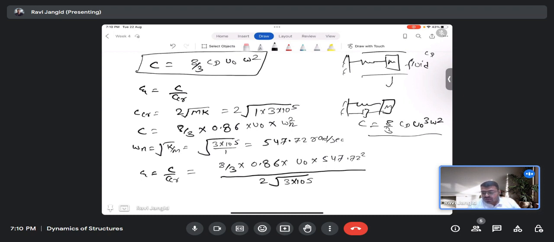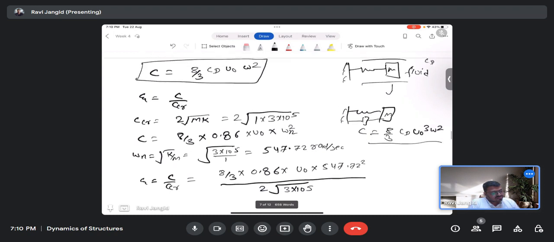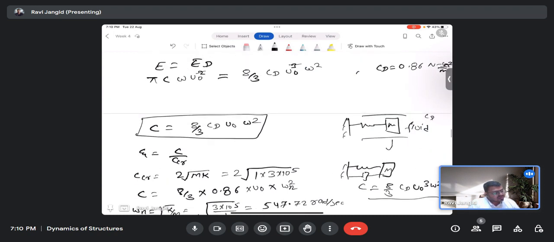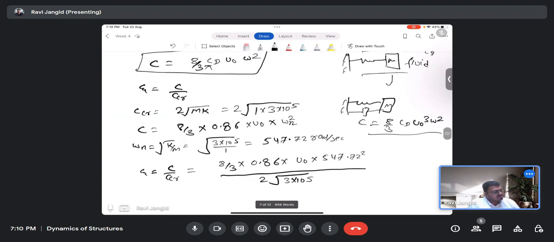Okay. If I solve this, is there anything remaining in this expression? 8 by 3 pi CD u naught. There is one term pi also, because we are equating this term. 3 pi.